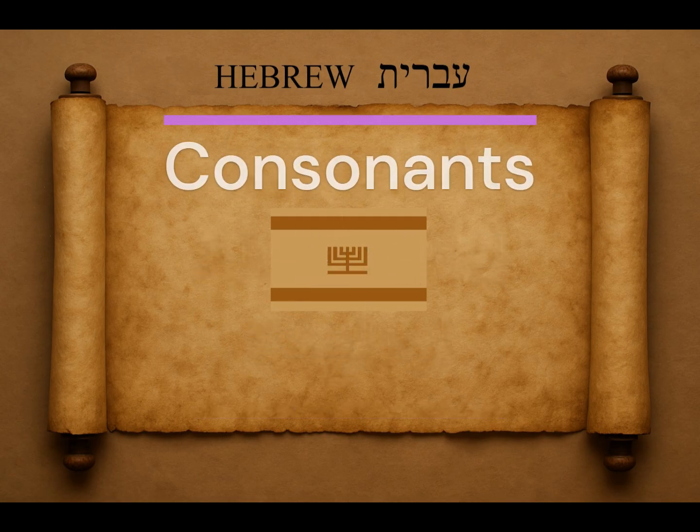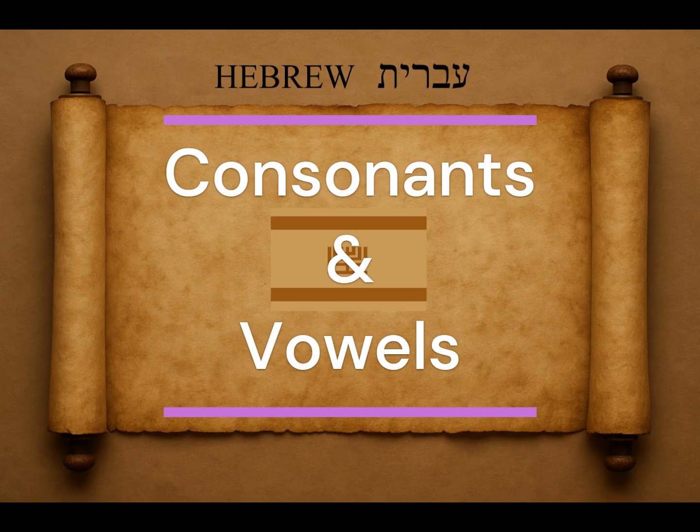In English, we have many consonants, B, C, D, etc., and several vowels, A, E, I, O, U, and sometimes Y. These are strung together in horizontal sequence to form what I like to call phonetic bundles, which make up the sounds of our words.